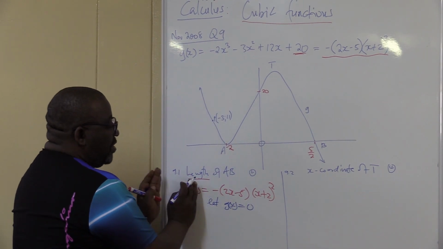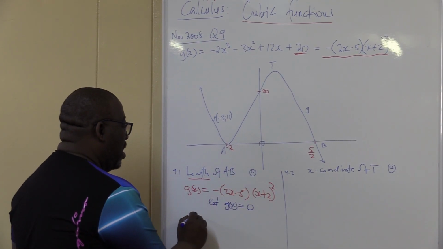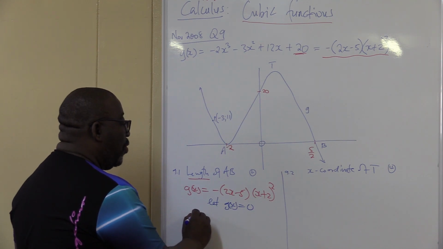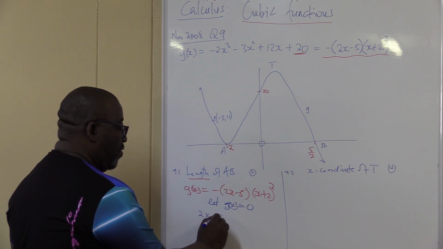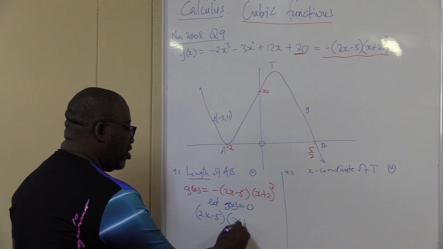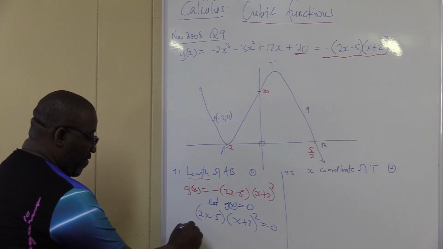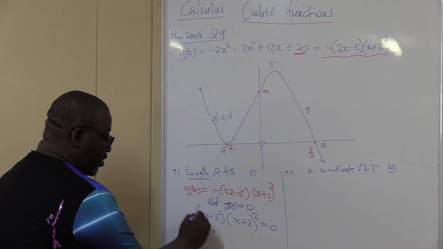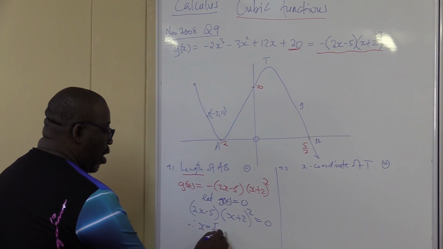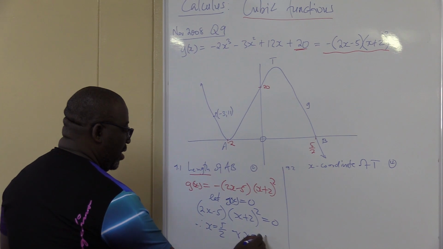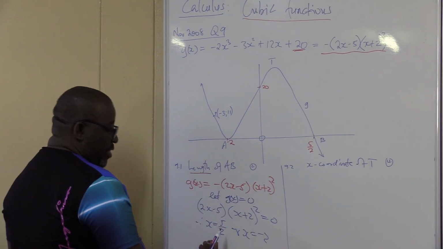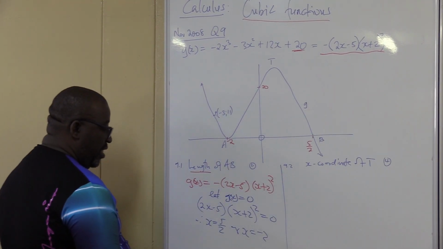Then 2x minus 5 into x plus 2 all squared equals 0. Therefore, x will be equal to 5 over 2, or x will be equal to minus 2. I know where to put this one back there, and I know where to put that one back there.